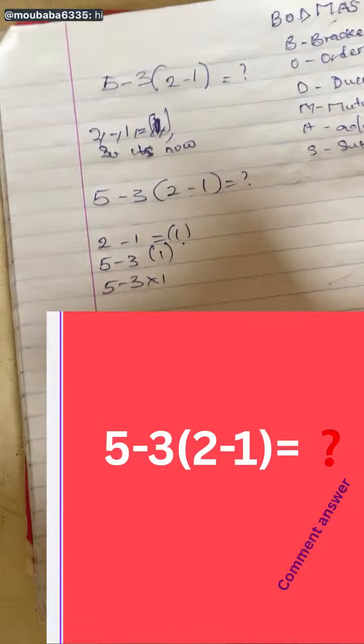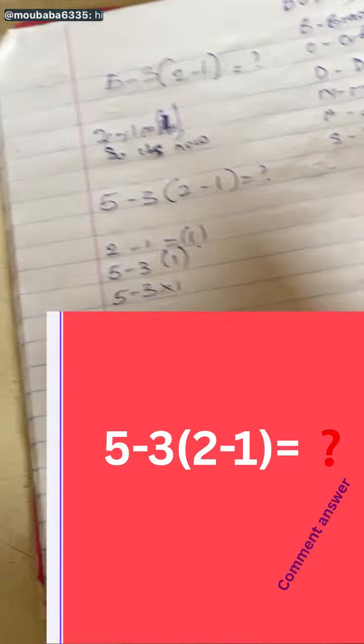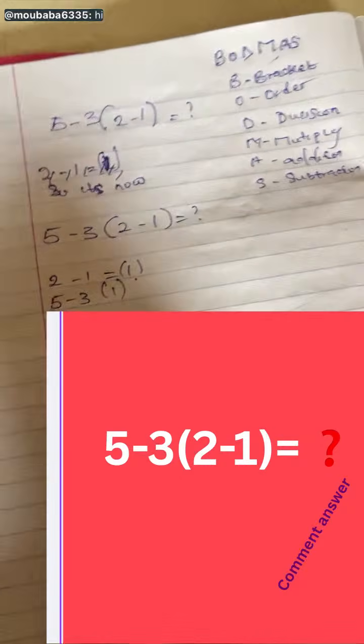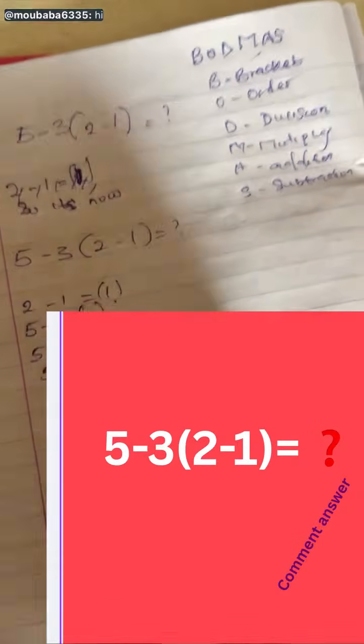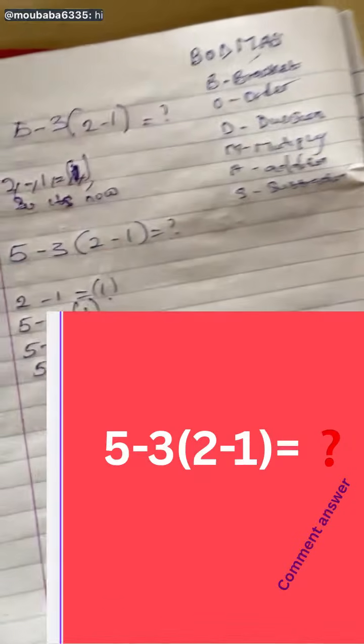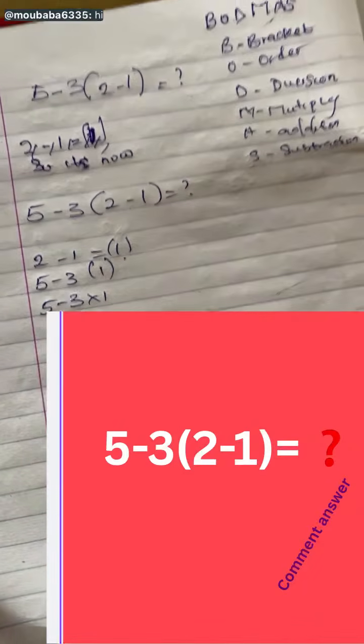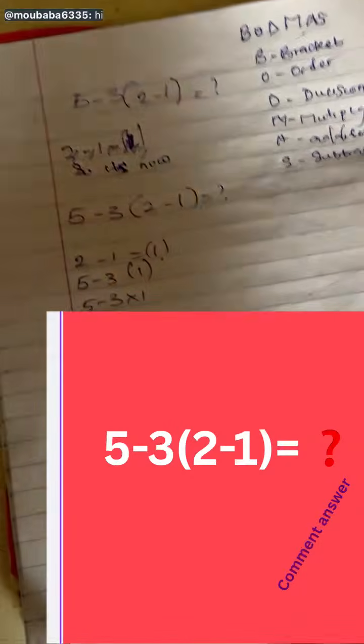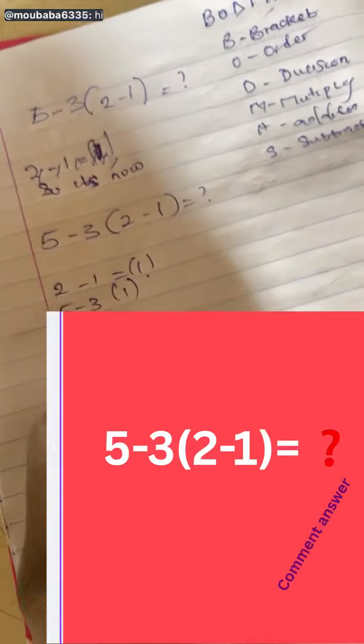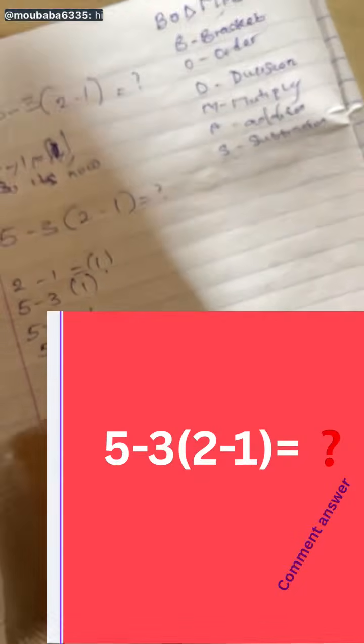So what are we going to do next? We now bring down this 5 minus 3 times 1. 3 times 1 is going to give us 3. So what are we going to do now?